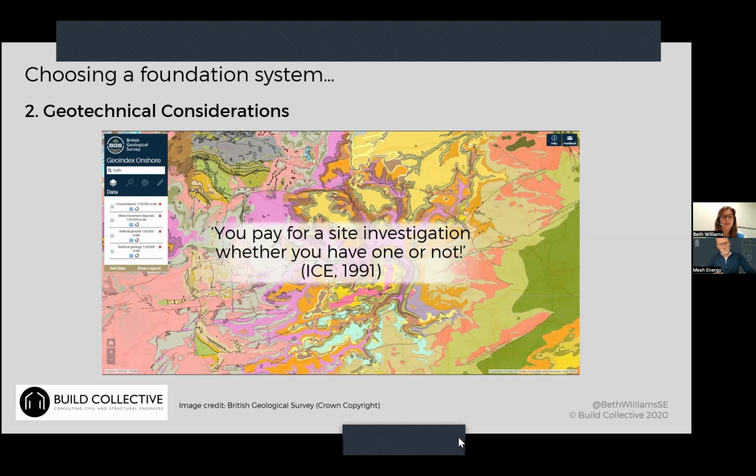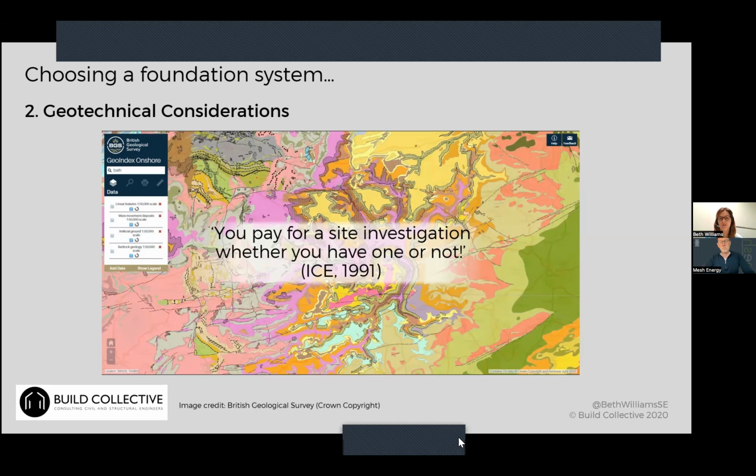So we definitely recommend for anything over a domestic extension, particularly if you're going for new build house scale projects, that you get a geotechnical site investigation for your specific site, or at least talk to a local geotechnical engineer who might know about the geology of your local area. As a quote from the Institution of Civil Engineers goes, you pay for a site investigation whether you have one or not, because you just know a lot more.